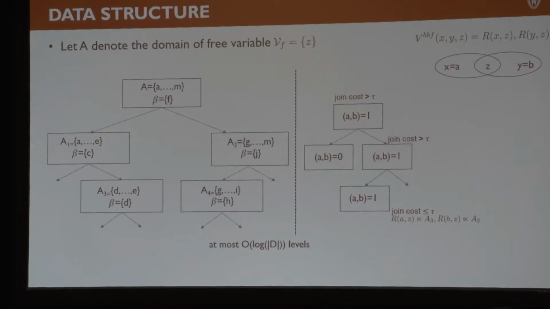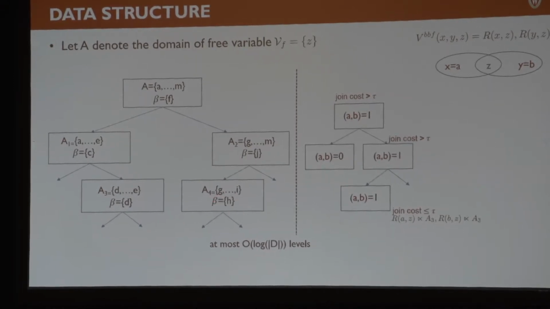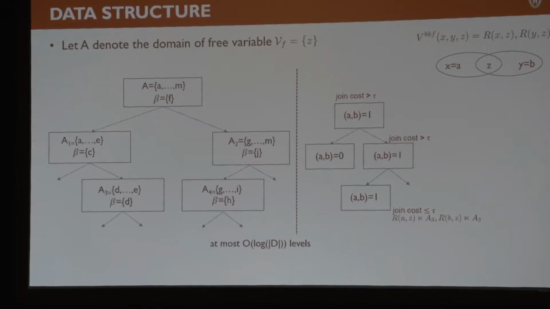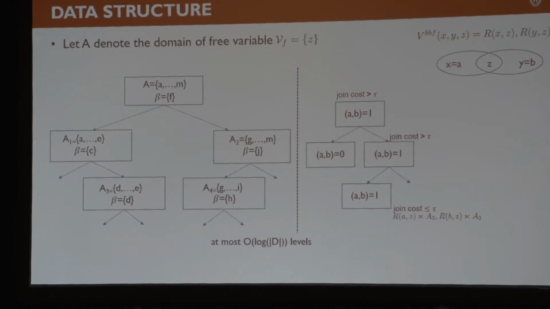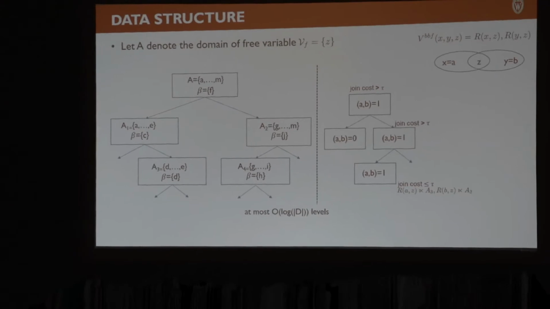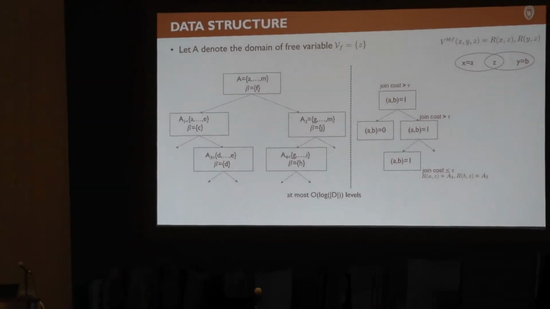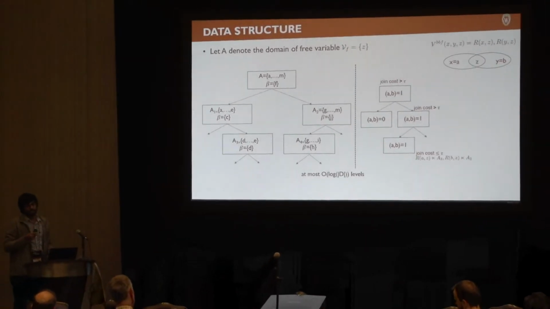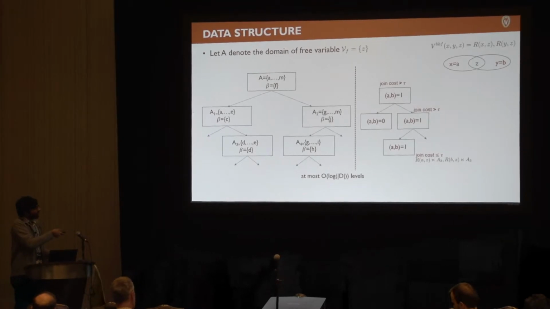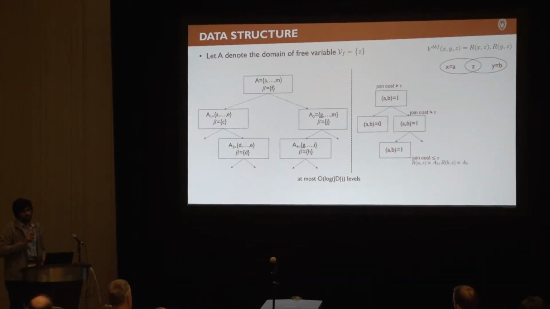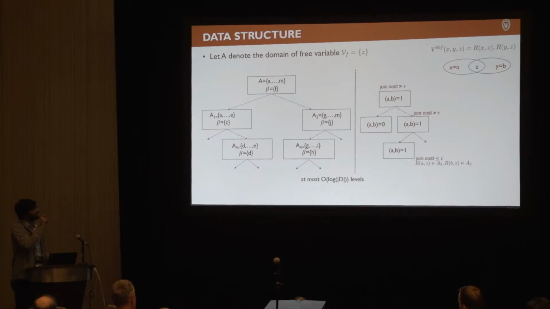At this point, I can simply take the domain for Z and take the semi-join with respect to my DADB tuples, and then just evaluate the join. By construction, I know that the join cost is smaller than tau, so this will give me my delay guarantee. But since I have log D levels, I have a logarithmic overhead, so this is where we get the logarithmic overheads from.